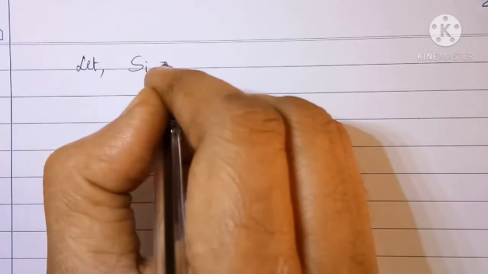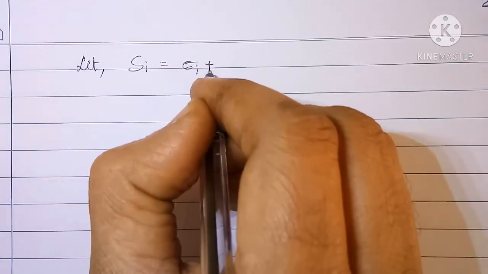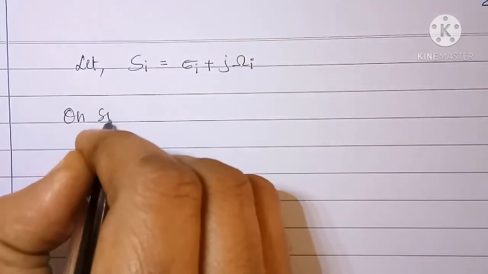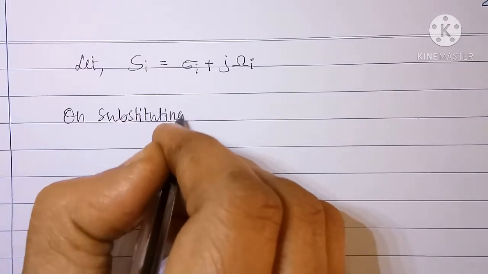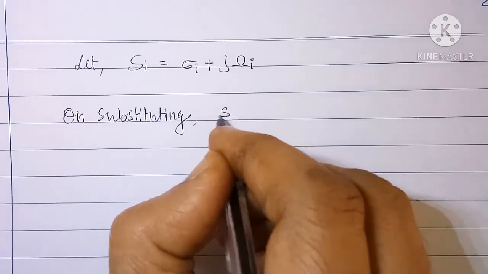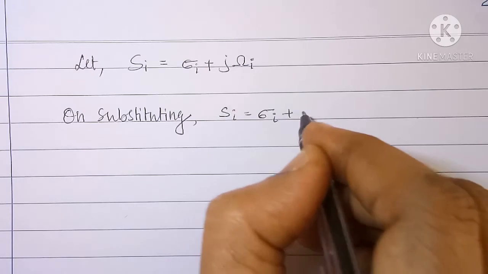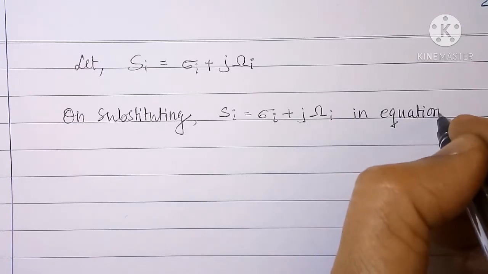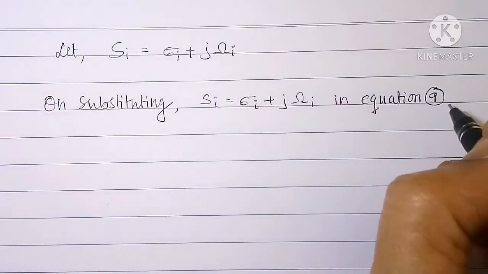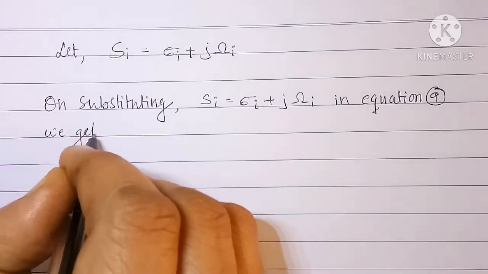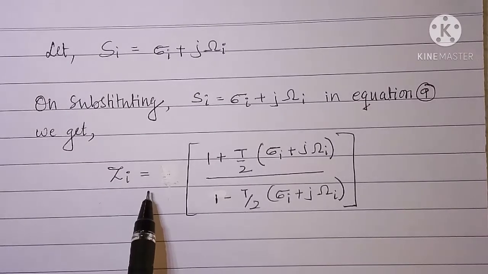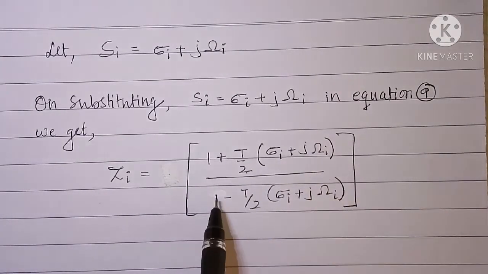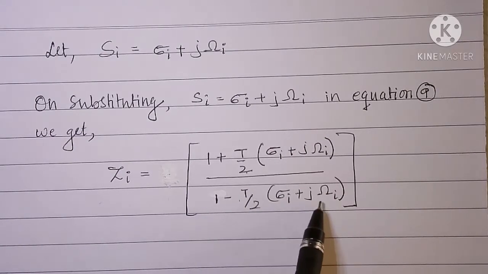Let Si equal to sigma I plus j omega I. On substituting Si equal to sigma I plus j omega I in equation 9, we get Zi equal to 1 plus T by 2 into (sigma I plus j omega I) divided by 1 minus T by 2 into (sigma I plus j omega I).